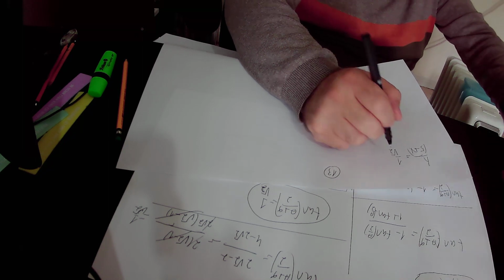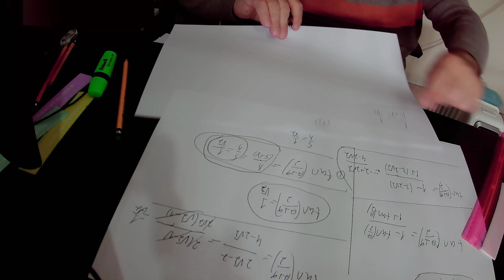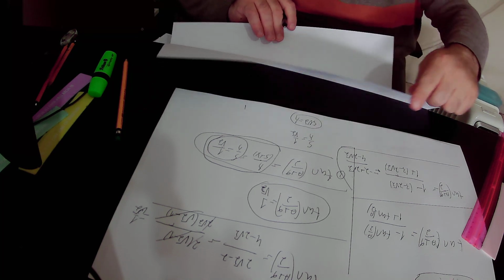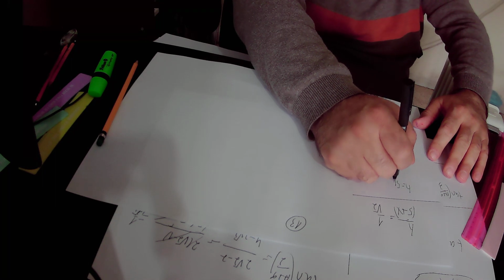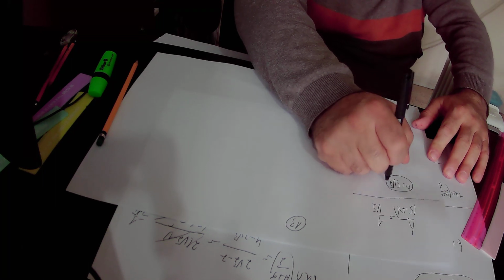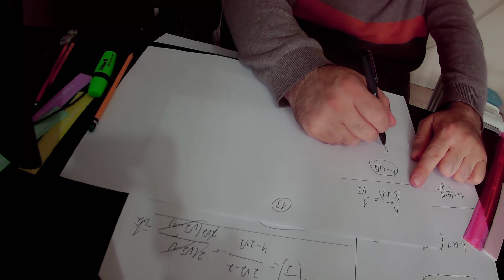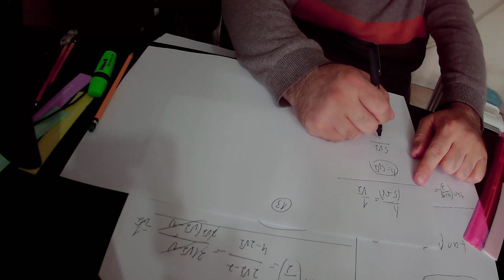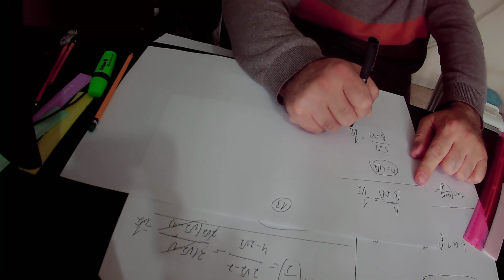But we've already found out here that h equals 5 times square root of 2. So we can substitute h in this equation by 5 times square root of 2. We'll do it now, then we get that 5 times square root of 2 over 5 plus x equals 1 over square root of 2.